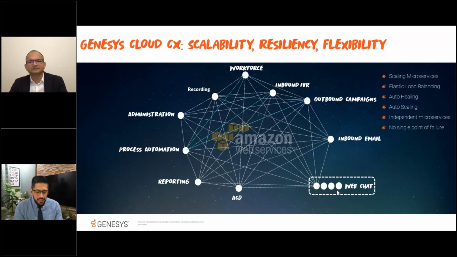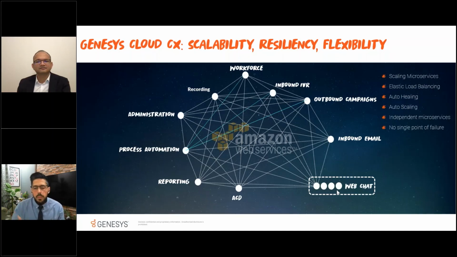So again, your footprint in your contact center, or your data center in this case, is almost close to zero. You don't have to worry about upgrades. Genesys is taking care of all the different upgrades. It's taking care of the resources, the load balancing. This is all handled by the microservices implementation on AWS.